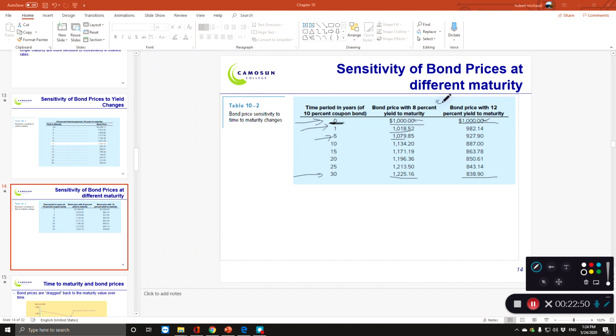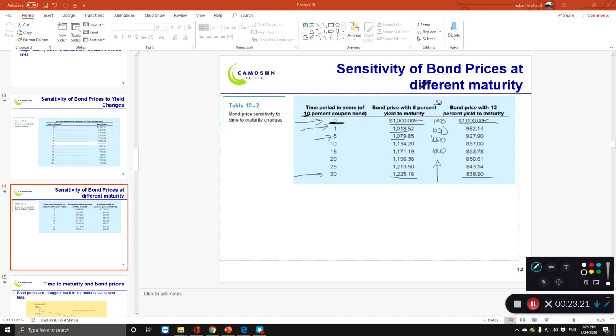Remember here, this is a bond with a 10% coupon. If the yield was 10%, the price of this bond, no matter the maturity, would be 1,000 everywhere. As I said earlier, whenever the yield is equal to the coupon rate, the bond will trade at par, and the face value and the price will be the same.